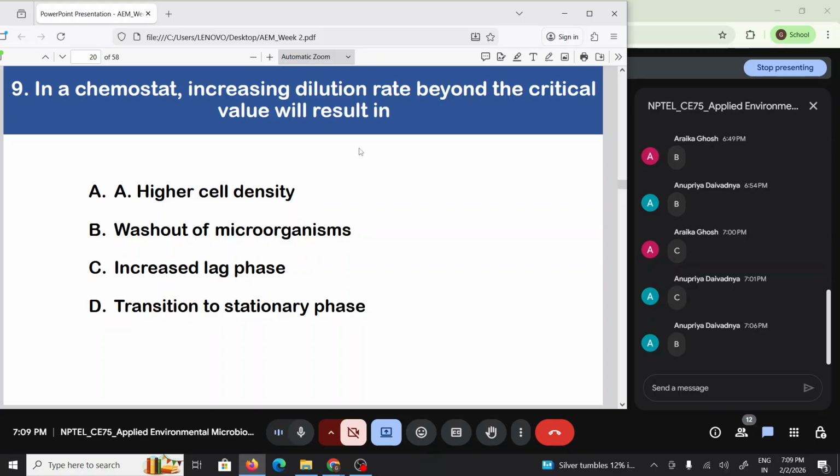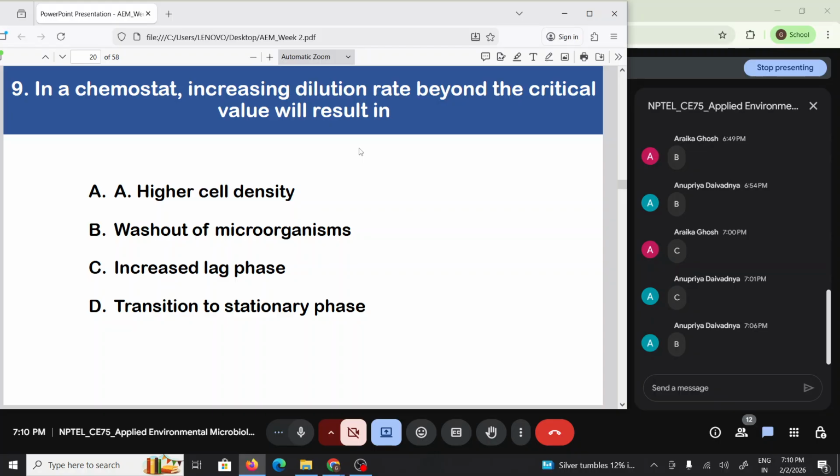If we add the substrate at a faster pace than this, then before even the microorganism can grow properly, we are trying to take it out of the system. So the amount of microorganism present inside the system is going to be reduced in that case, which we technically term as washout of microorganisms.